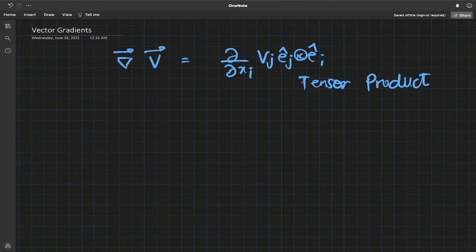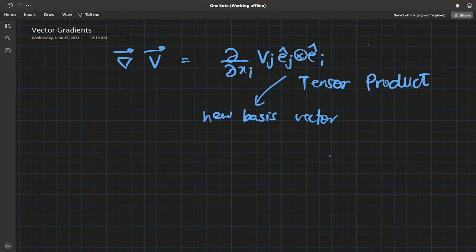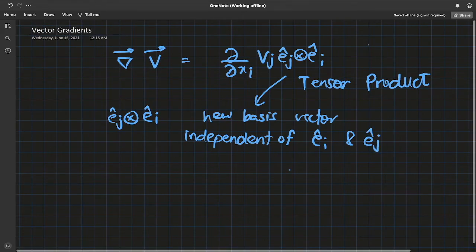So this quantity here, this is a new basis vector. So this guy here, Ej tensored with Ei, is a new basis vector, which means it's pretty much independent of Ei and Ej.